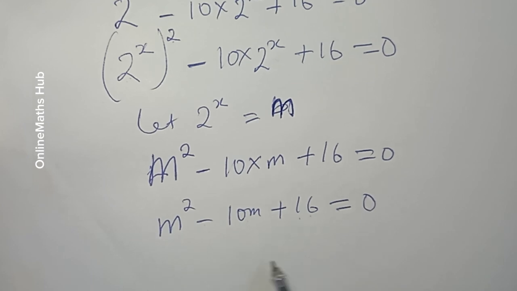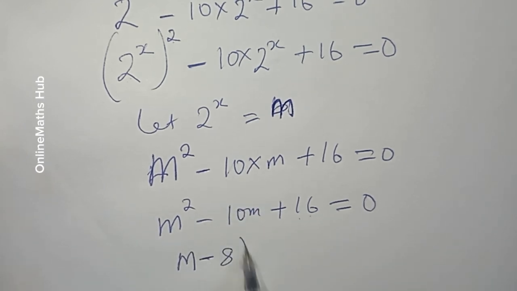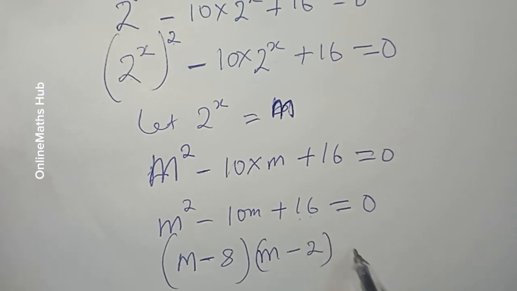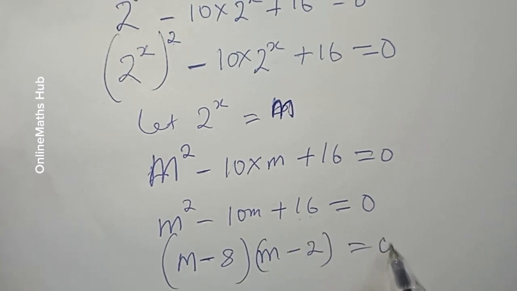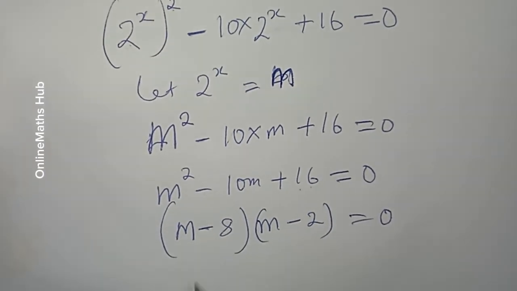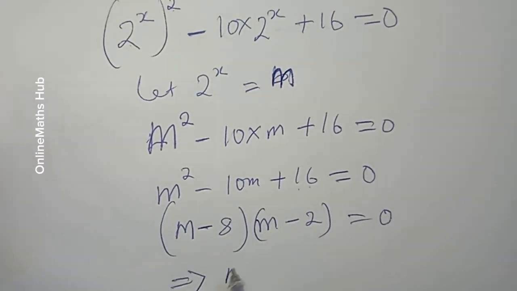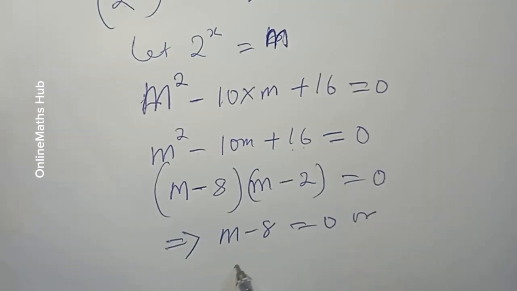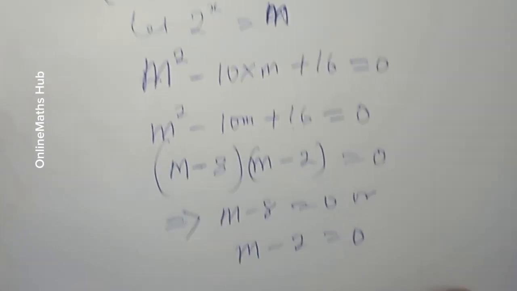Once we found that, we write (m - 8) multiplied by (m - 2) equals 0. At this point we can apply the zero product rule, which implies that m - 8 = 0 or m - 2 = 0.